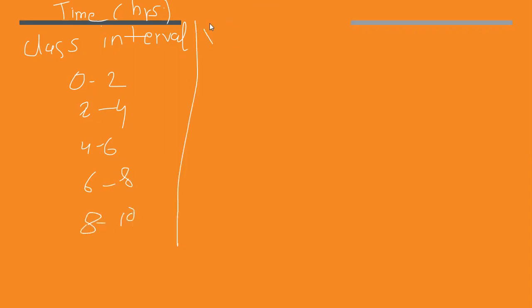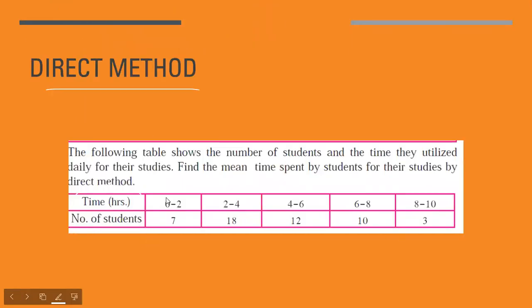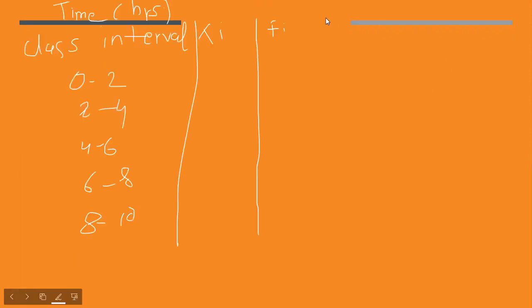Then here we will write xi, I will tell you about it later. Then here we will write fi, means the frequency or the number of a particular thing given in the data.